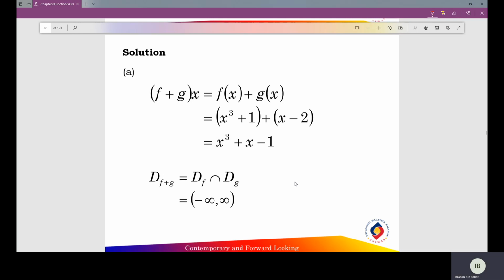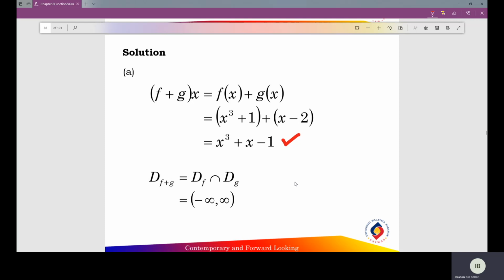Okay, very simple. Addition of the two functions, x cubed plus 1 plus the linear function x minus 2, and then the answer is x cubed plus x minus 1. So 1 minus 2 equals negative 1. So here is the answer.